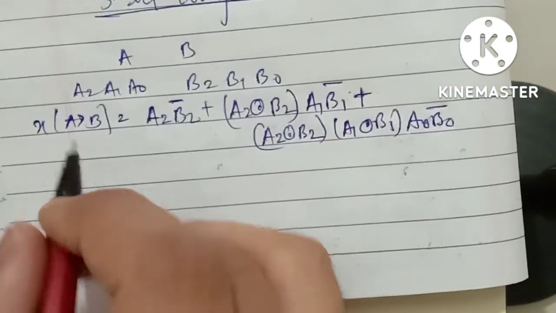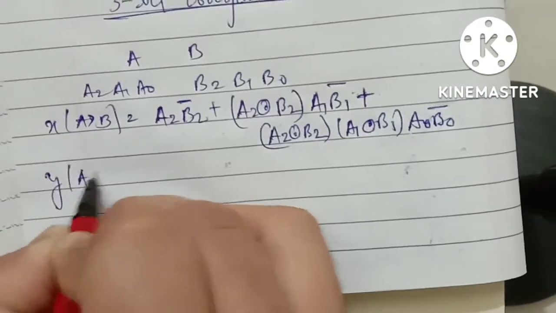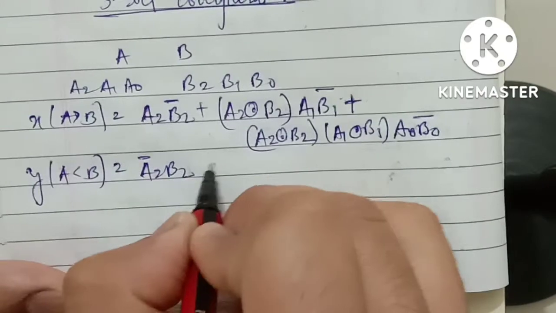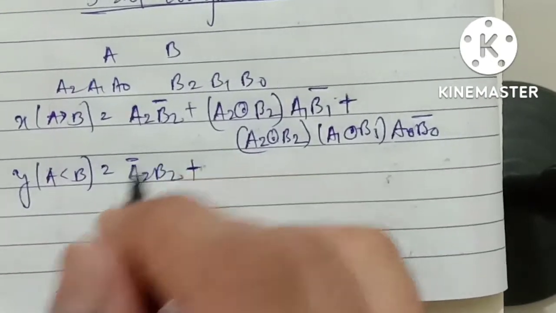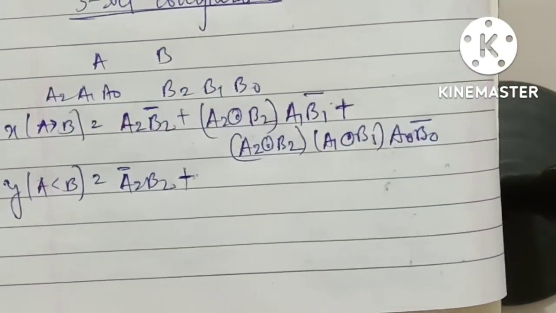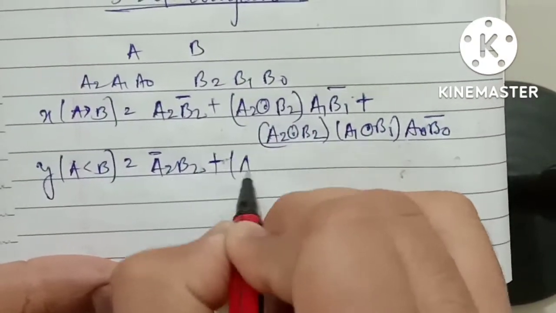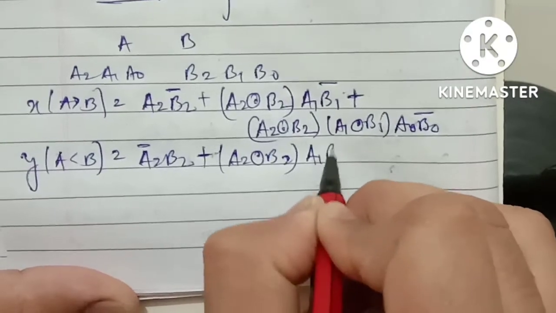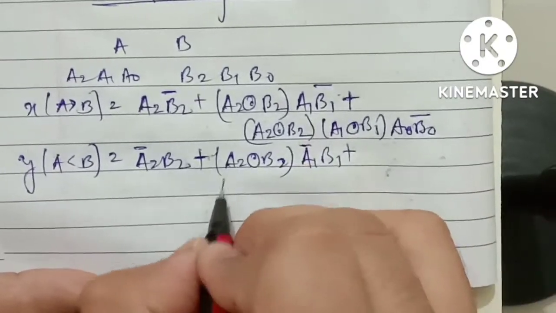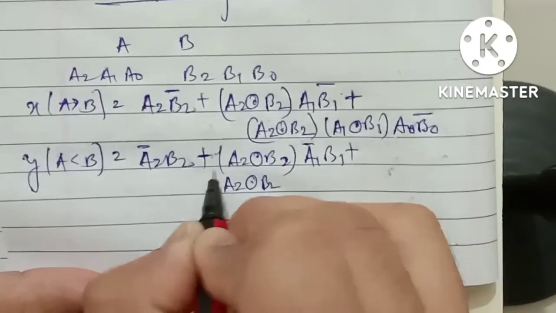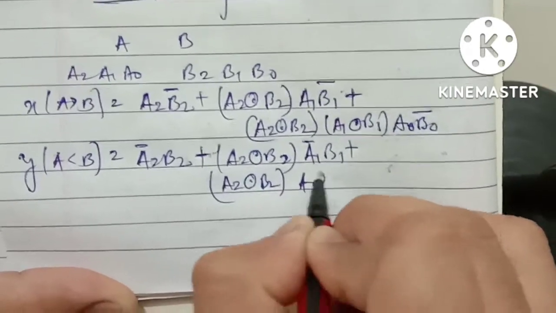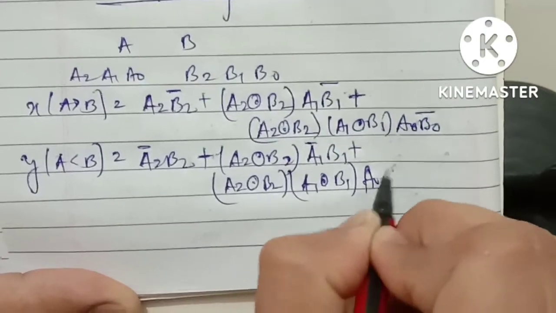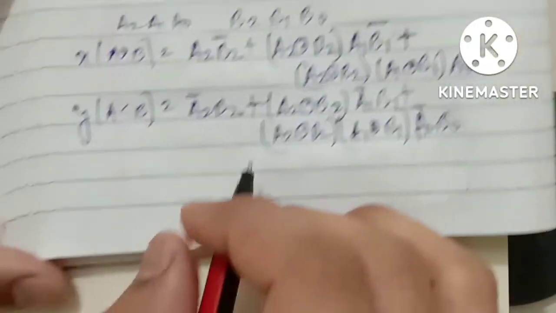Clear? Similarly for y, a less than b means a2 b2 will come, but the number which is less will have the bar. All things will be the same. Only one thing you need to remember, the rest is the same.